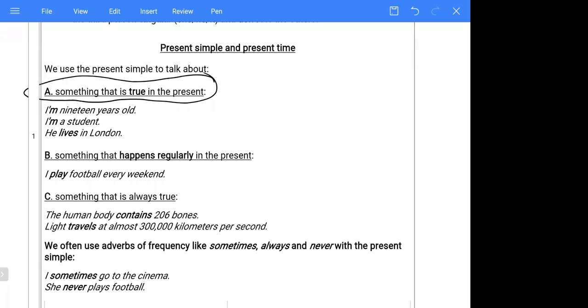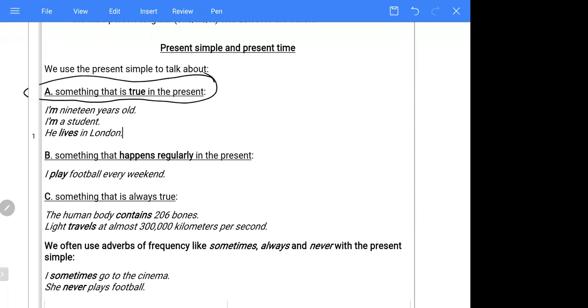I am 19 years old. When you tell your age, it talks about something true in the present. For example, if I ask, where do you live? You say, I live maybe around Goro or at Summit, something like that. And what's your occupation? You say, I am a student. So that's something true in the present.